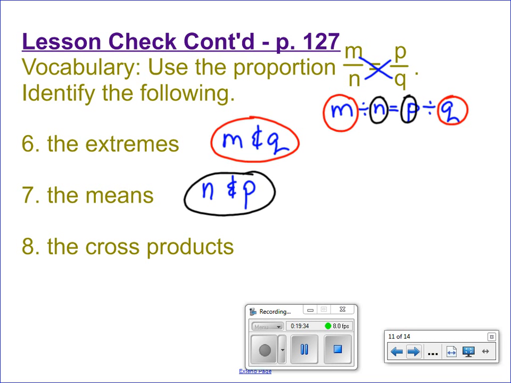If I did cross products, M times Q is one cross product, and that would be equal to the other cross product, N times P.